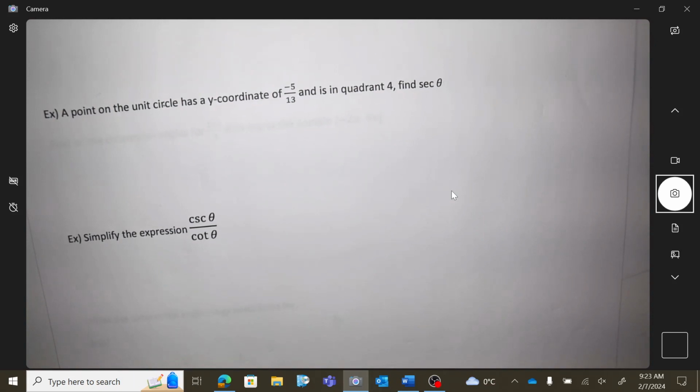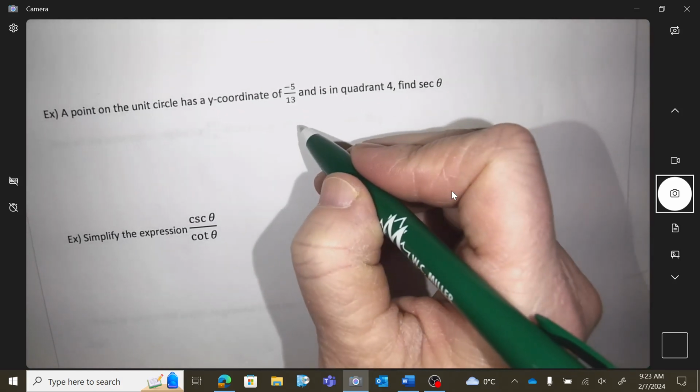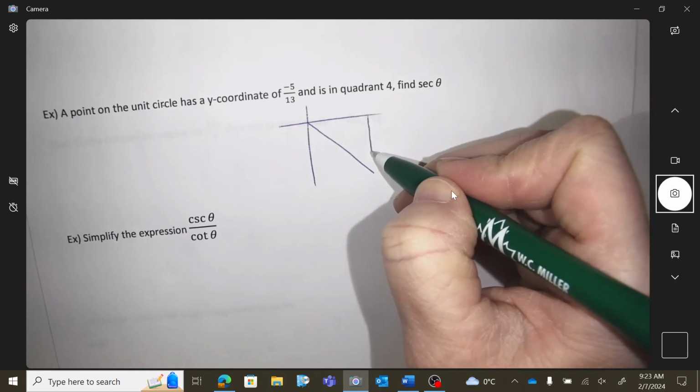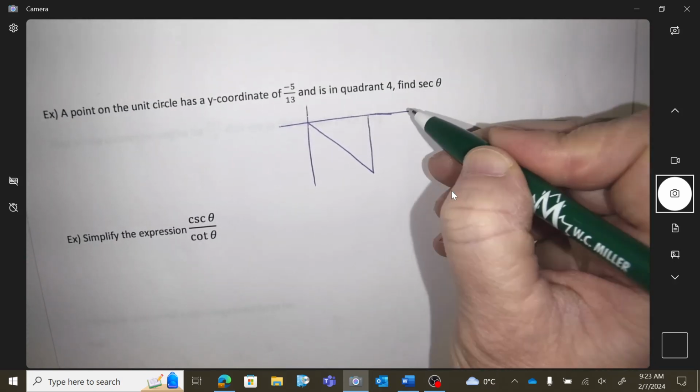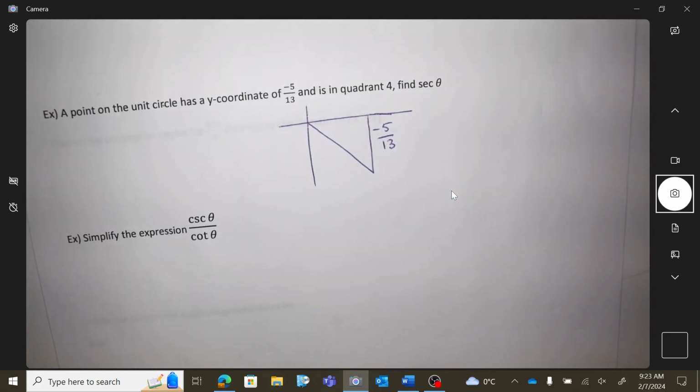So we have a point on the unit circle with a y value of this, and it's in quadrant 4. Okay, so that's all I have.